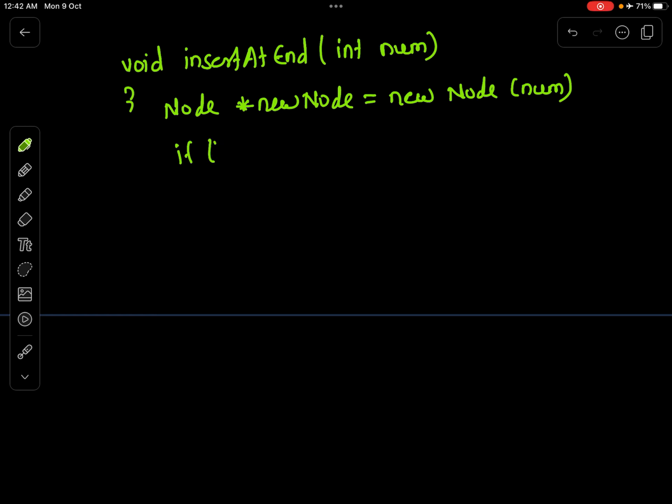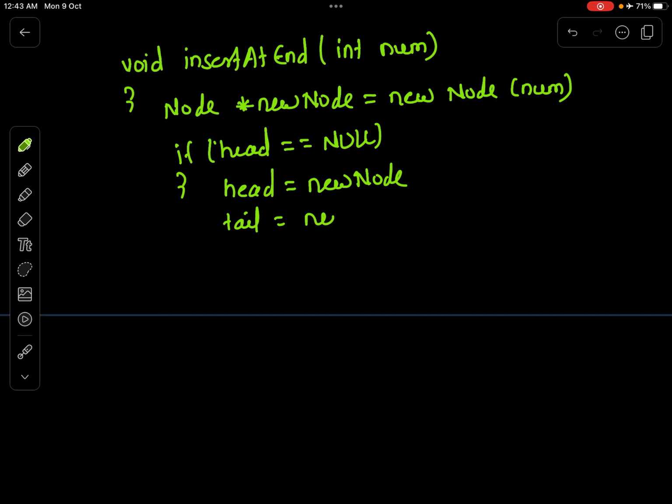Again I will check if my head is null or not, because if my head is null and I'm trying to insert that element at the end, where is my end? If there is no starting of the linked list, how can you say that there is an end of the linked list? Absolutely false. So I will simply put head equals to new node, and at the same time I will keep one extra pointer, that is tail, so it will also be pointing to new node, right? So what is happening, I created my first node, I will change my color.